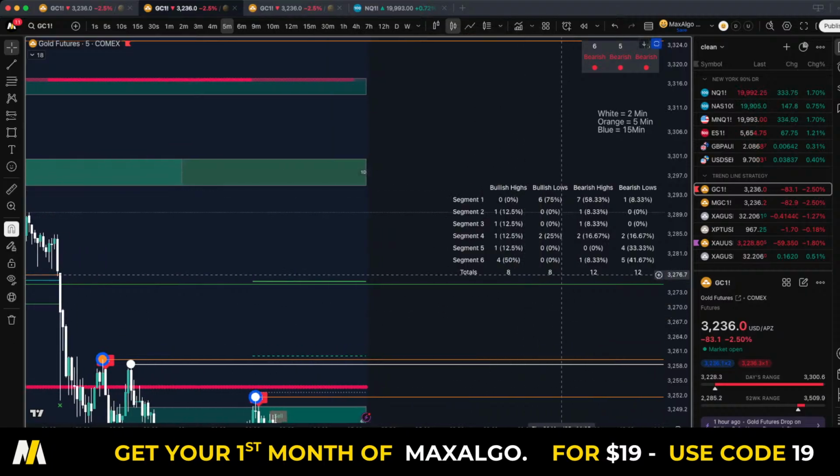And you can see this week we've had 8 bullish hours and 12 bearish hours, so we've been more bearish this week. 75% of the lows have been in the first 10 minutes. In the first segment of a 4-hour candle.